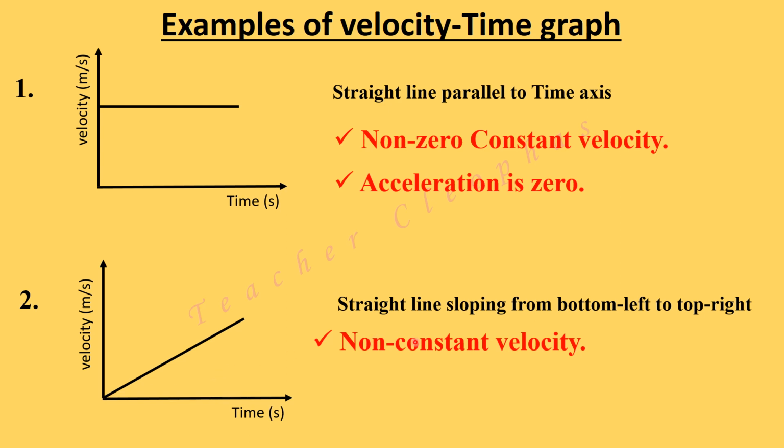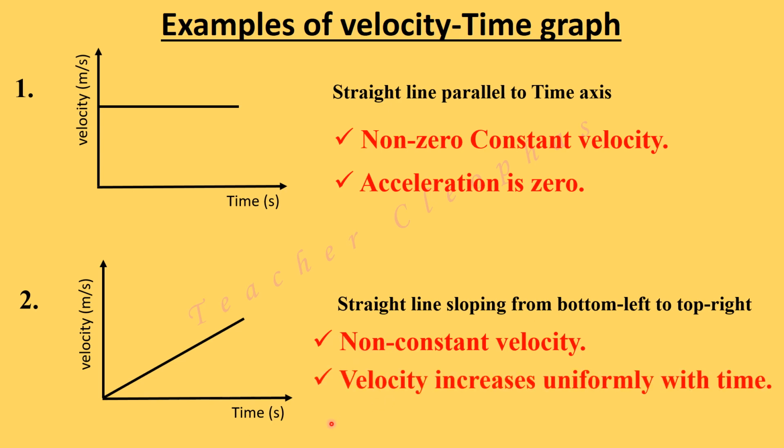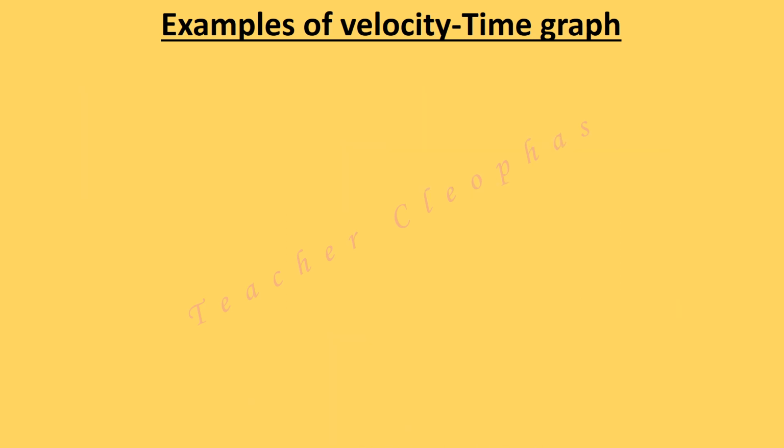So this is a non-constant velocity as the first thing. Second thing is that the velocity is increasing uniformly with time. Whenever the velocity is increasing uniformly with time, it simply tells us that the body represented is accelerating.